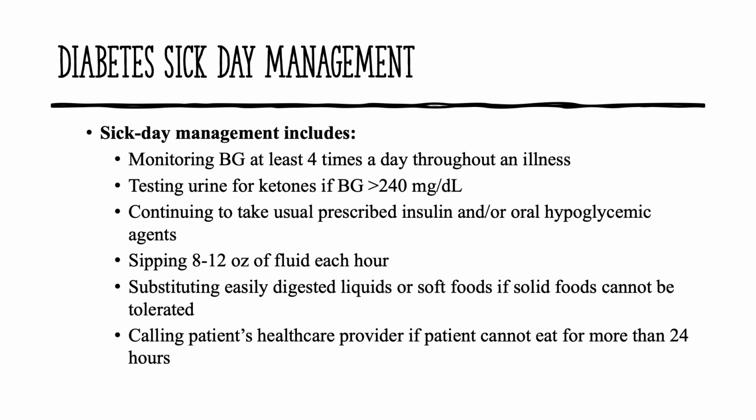Sipping fluids is the most important thing to do to manage sick days. Eat things that are easily digested. And if the patient can't eat for more than 24 hours, time to call the doctor.